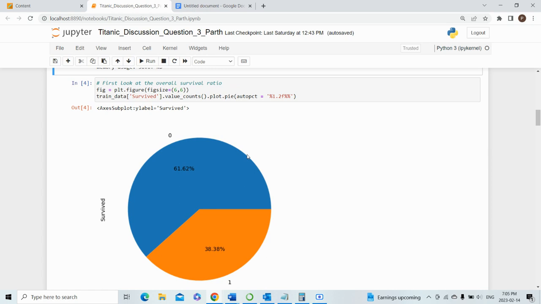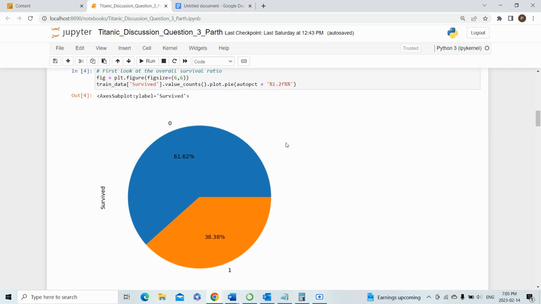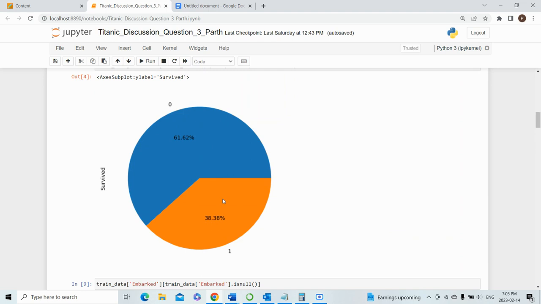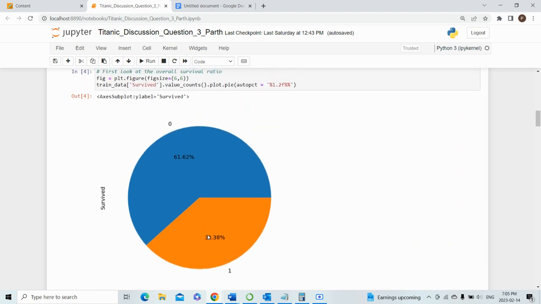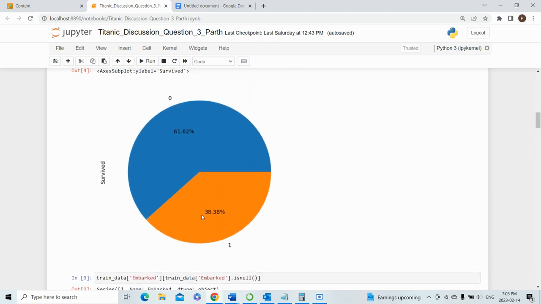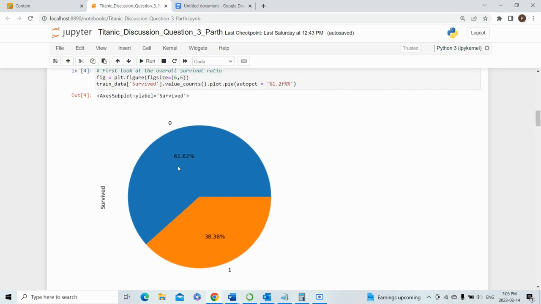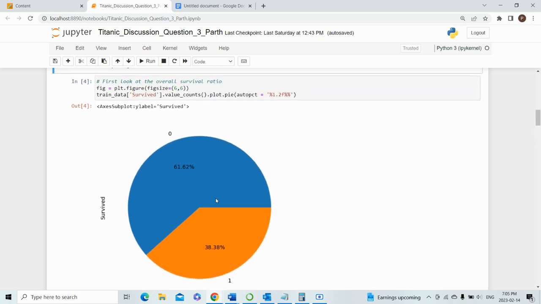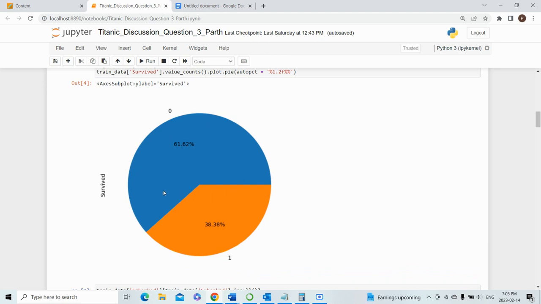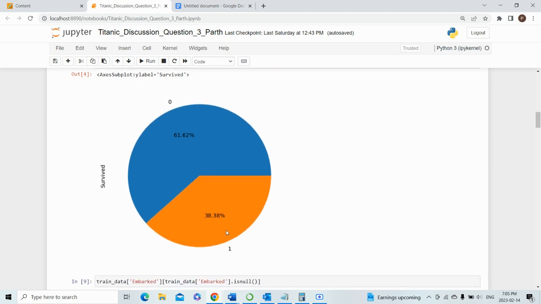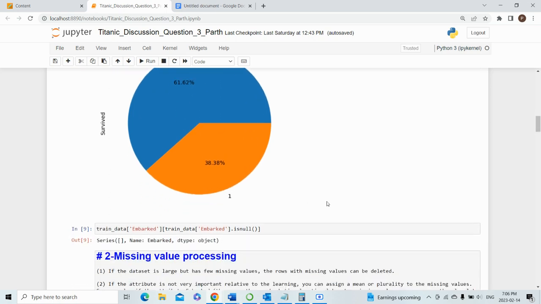The whole data could be divided into a binary dataset. Sorry, the zero is for the people who survived, but one is for the people who did not survive. It's the whole first data that speaks about people who survived and did not survive.